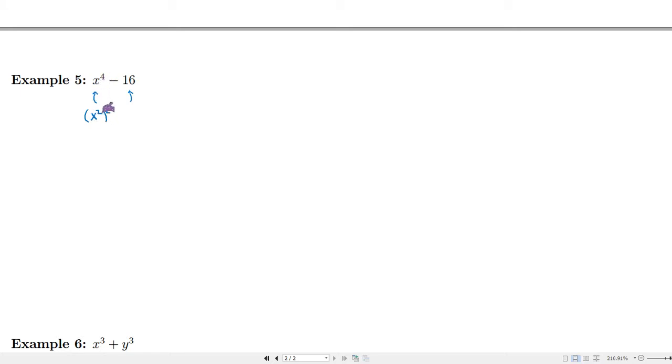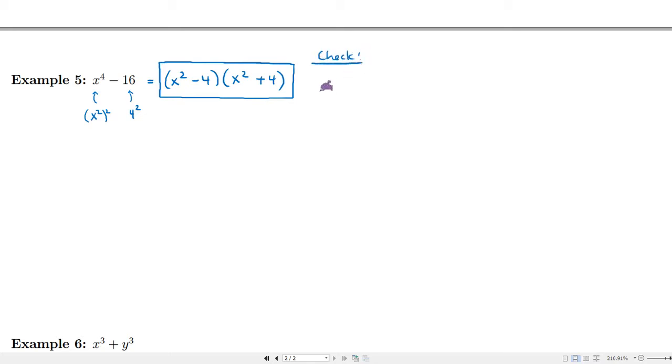So that is a square, and 16 is 4 squared. So this is still a difference of two squares, and the factorization will be x squared minus 4 and x squared plus 4. We can, of course, check that if you're ever concerned that you're not getting the correct factorization. And since this one is slightly different, why don't we check that real quick?